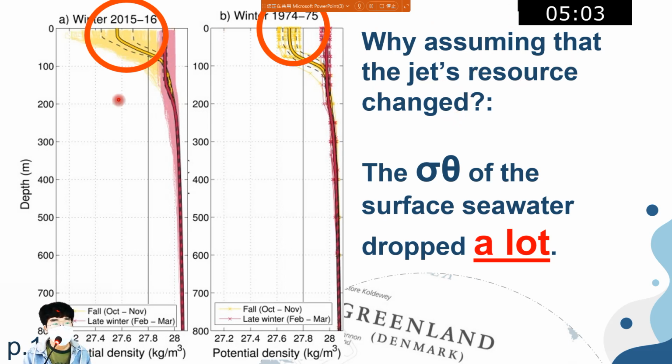We can see from here, the yellow line is the flow of the data, this is 2015 and this is 1974. You can see that the density has dropped a lot over those 40 years.